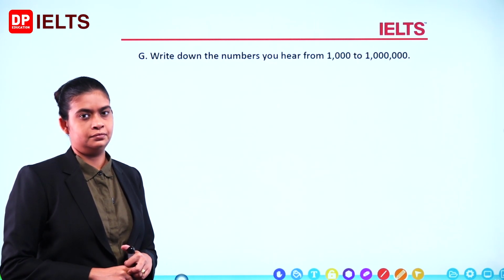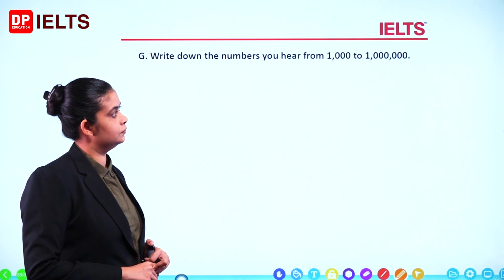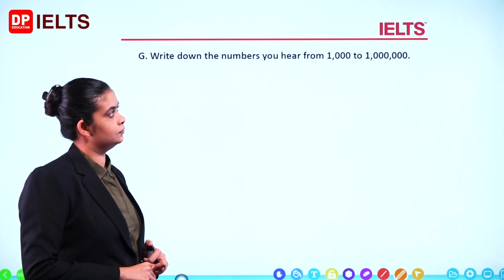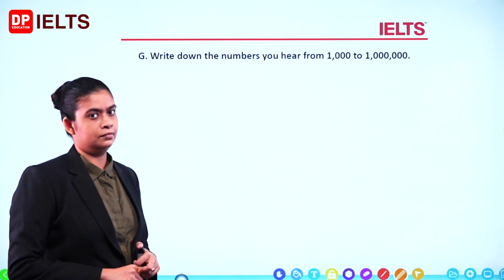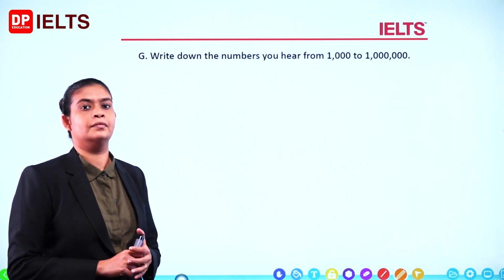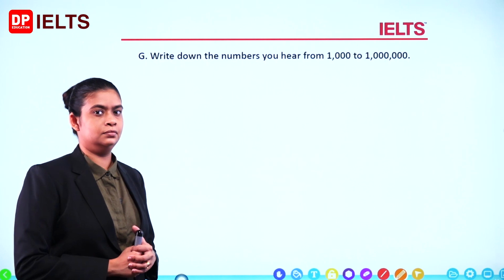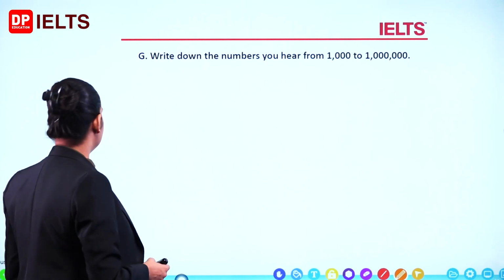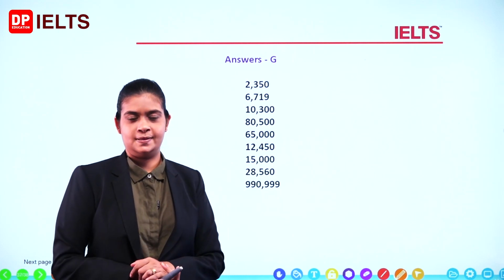Number 7, 12,450. Number 8, 15,000. Number 9, 28,560. Number 10, 990,999.